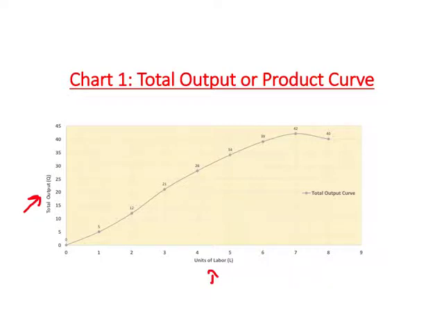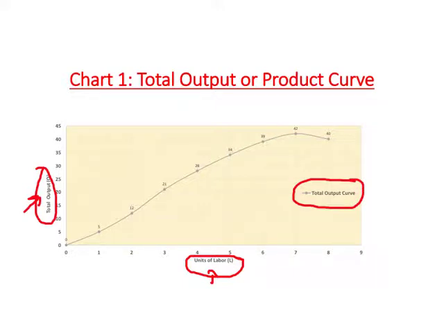So what we get is a curve, and this curve gives us the relationship between total output and labor. And so for obvious reasons, this curve is called the total output or total product curve.